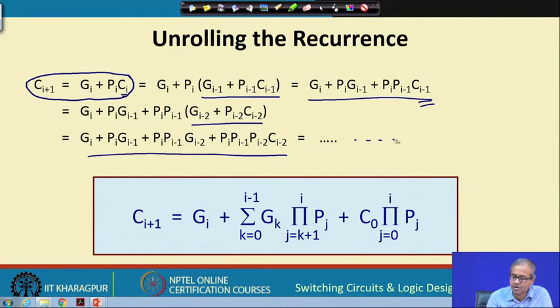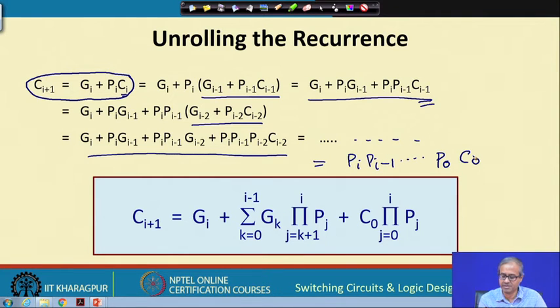So, you can go on continuing, from I minus 1, I minus 2, so on, up to the last stage. In the last term, what will happen? This P I, P I minus 1, so on, the last one will be P 0 and then you will be having C 0. This will be the last term, plus something.